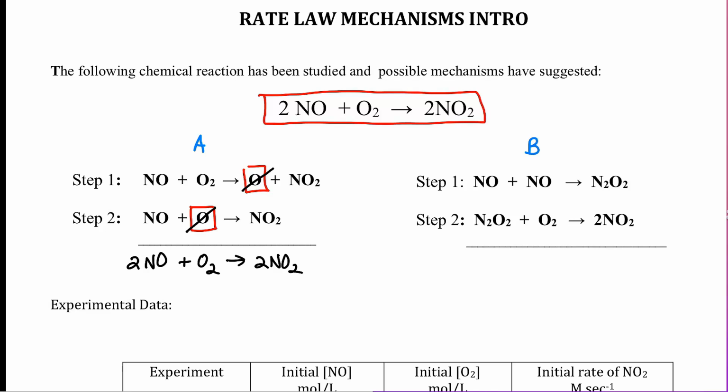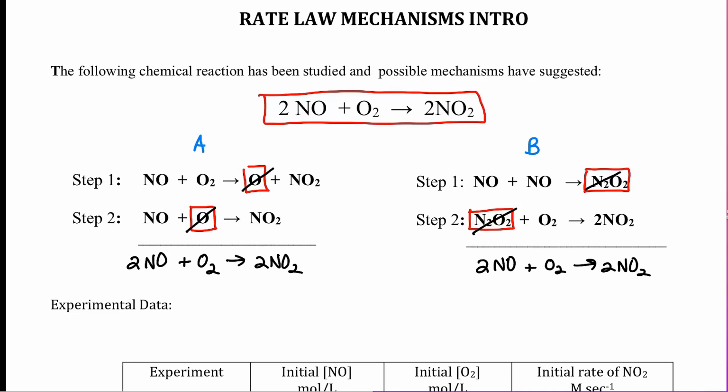If I look at mechanism B, I can see the same thing. I see another chemical that's not in the overall reaction written above that I can cancel out. And of course, checking to see that I get 2NO plus an oxygen gives me 2NO2.